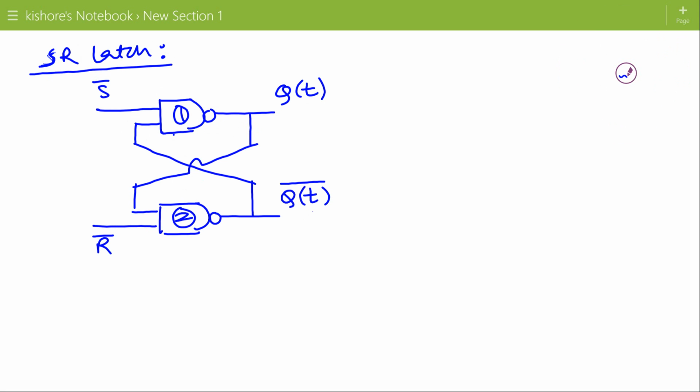Here we will use inverters. So this will be the circuit for the SR latch, and its state table or characteristic table.